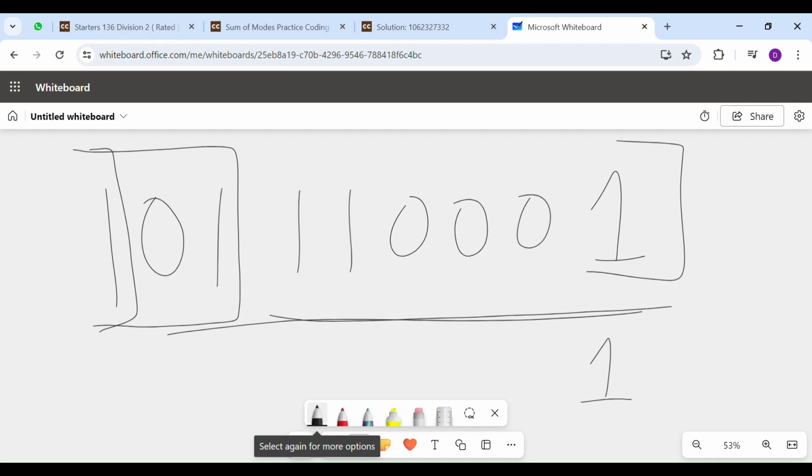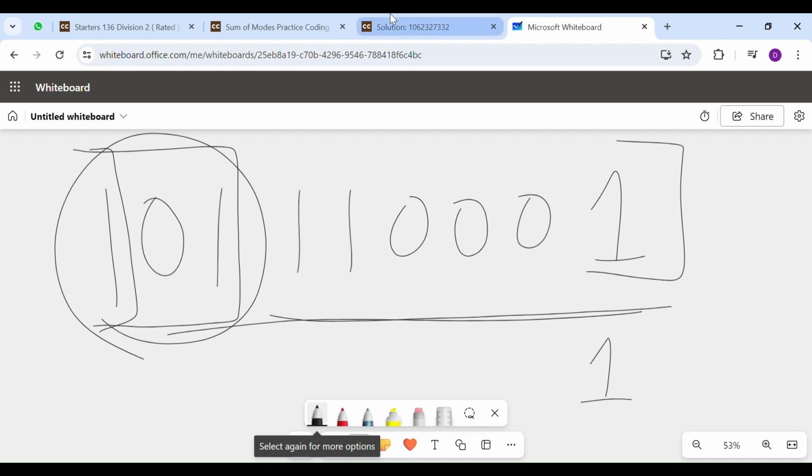So there were two instances from the start where the difference between counts of 1 and 0 was 1. So the number of subarrays having function value equal to 2 will be that count. So it will be 2 over here. And for all the remaining subarrays, the value of the function will be 1.